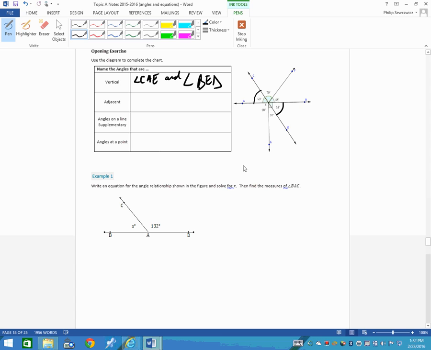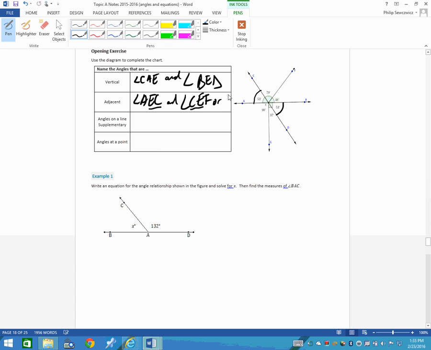Adjacent angles, there are a lot of them here. As long as they share a common ray, we're good. So I'm going to go right here at the beginning and look at angle AEC. Who's going to be adjacent to that? You could give me two of them. One choice would be angle CEF. Those are adjacent. Notice they share the letters C and E. That would be your common ray.